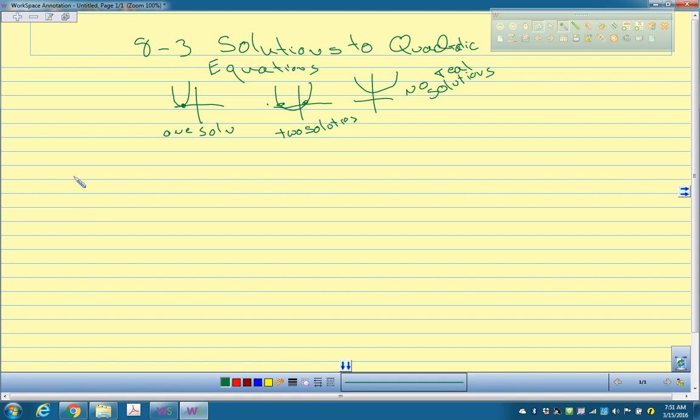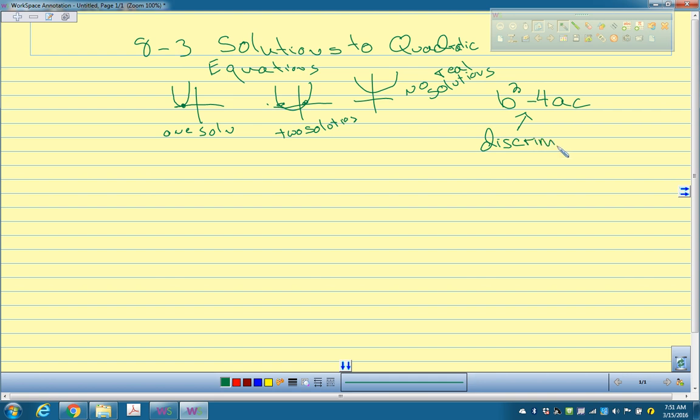But it turns out you can tell what type of solution you have by this thing that is part of the quadratic formula: b squared minus 4ac. This is the thing inside the square root in the quadratic formula, and it has a name. It's called the discriminant, because it kind of discriminates.